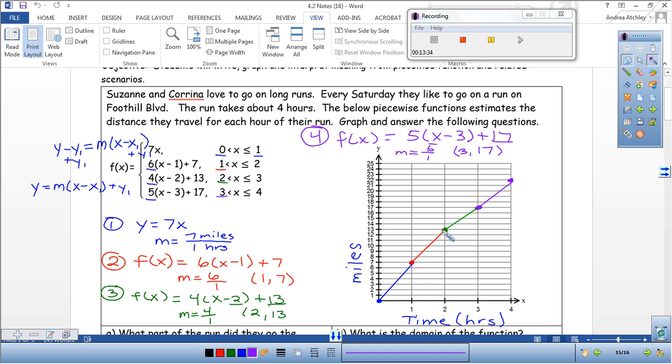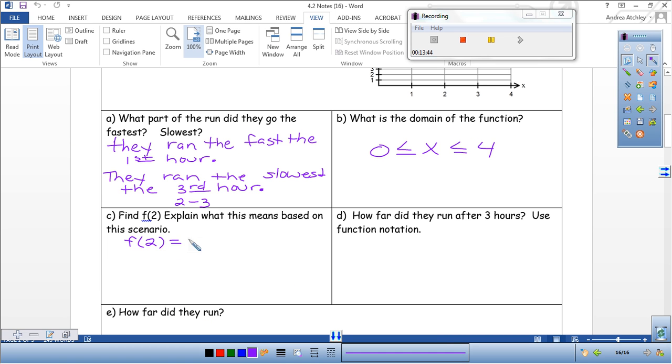What's the y value? It's 13. So f of 2 equals 13. But what does that mean? Very good. They ran 13 miles in 2 hours. That's all that says.